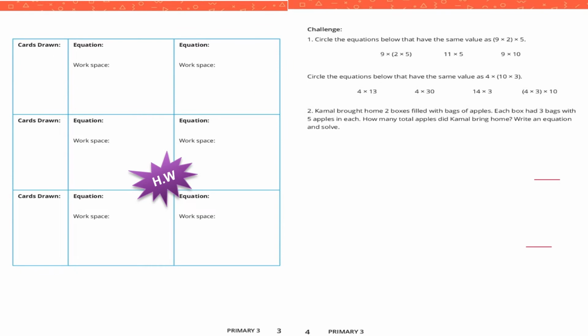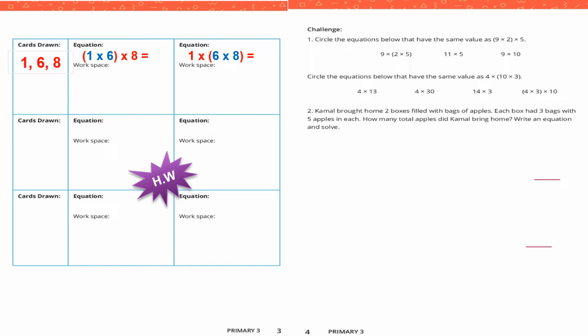Let's continue with the next card. 1, 6, and 8. Let's apply the associative property. 1 times 6 times 8. I will take 1 and 6 between two brackets. The next way, I will take 6 times 8 between two brackets. Okay?